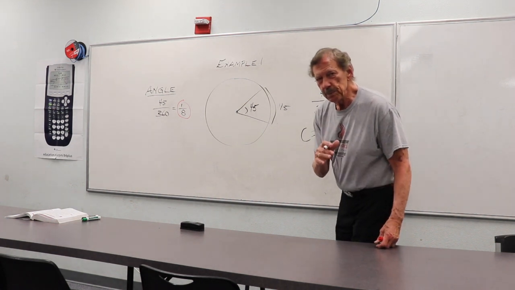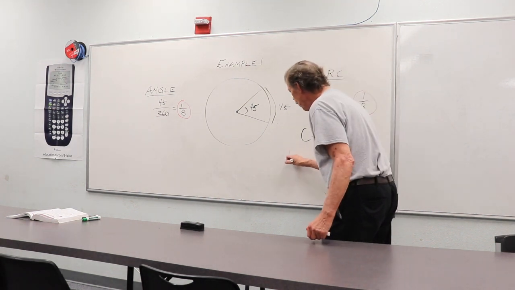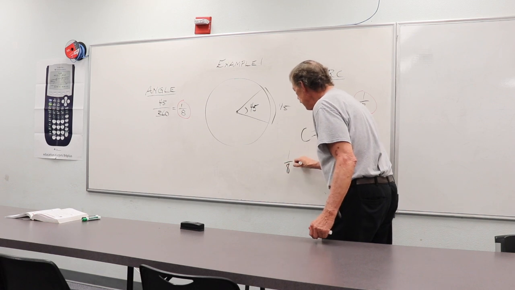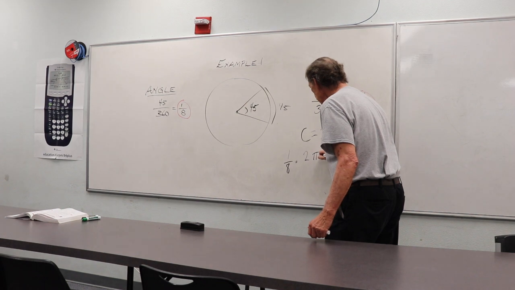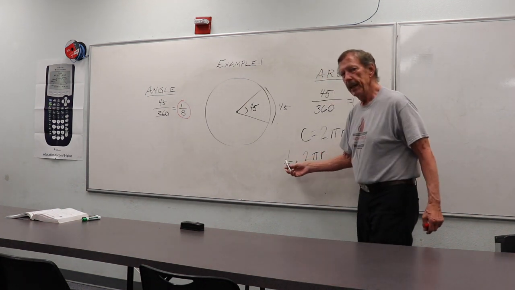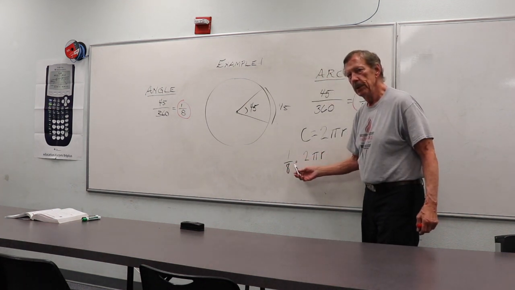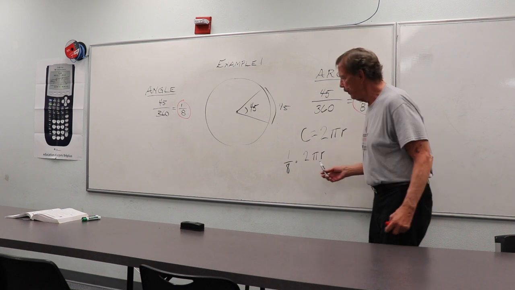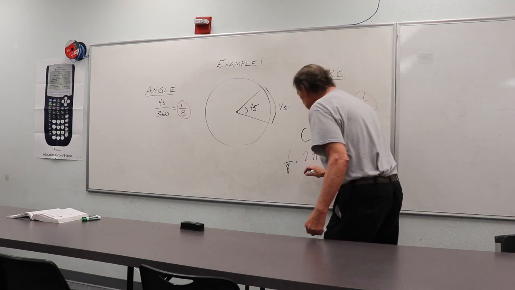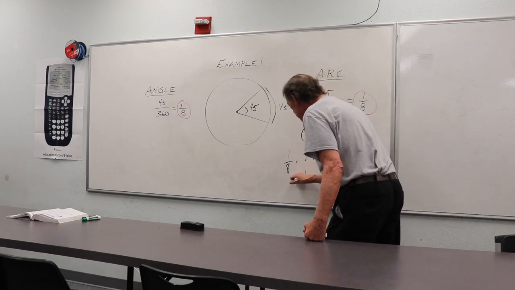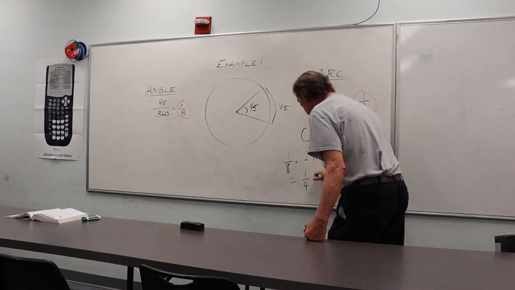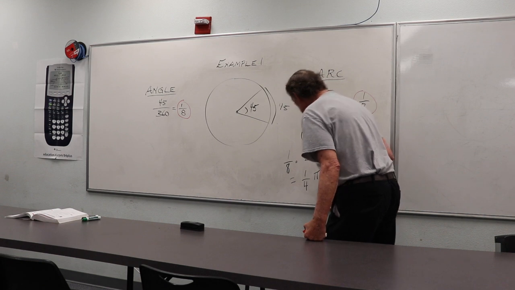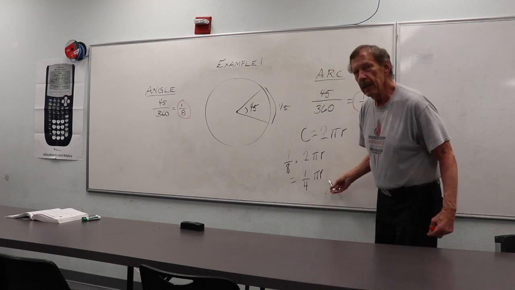Listen to yourself speak. 1/8 of 2 pi r. 1/8 of 2 pi r. That's 1/4 of pi times r.